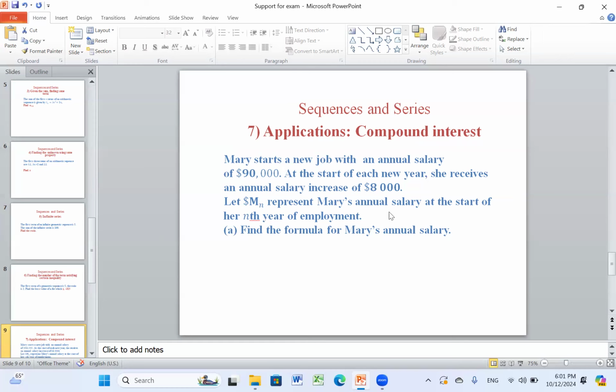Let Mn represent Mary's annual salary at the start of her nth year of employment. Find the formula for Mary's annual salary. It's not difficult to see that it is an arithmetic sequence. If we denote it by Mn, it should be M1 plus d times n minus 1. So this is the formula that we can use. M1 here is 90,000 plus the difference, each year it increased by 8,000, times n minus 1.